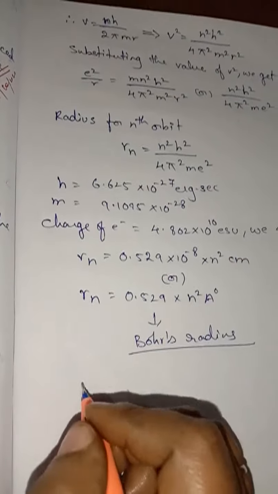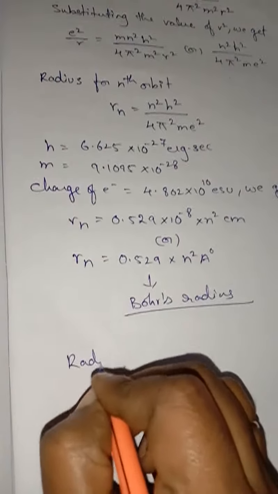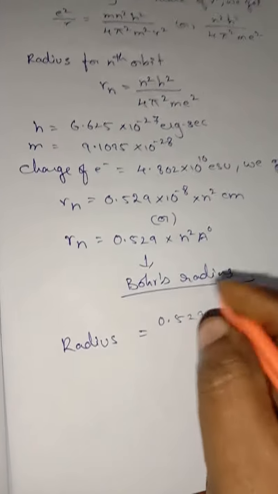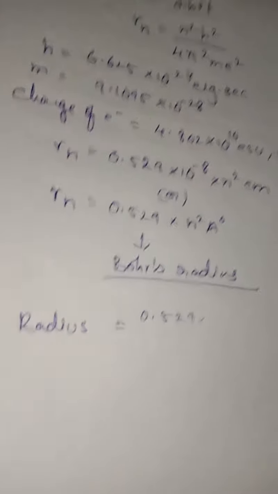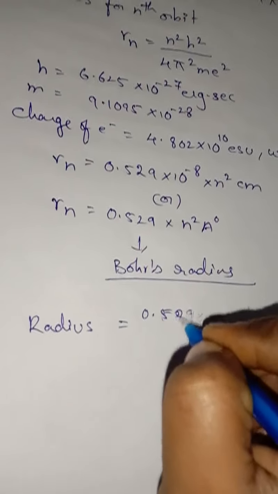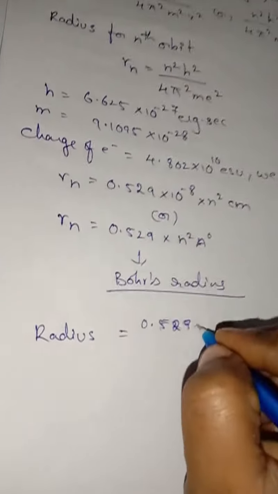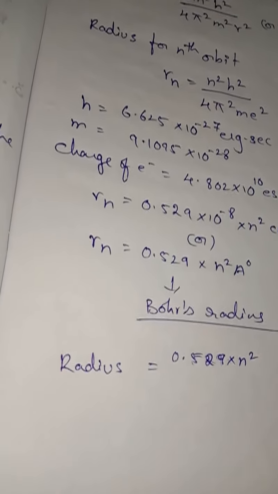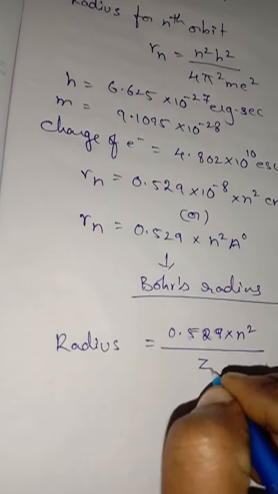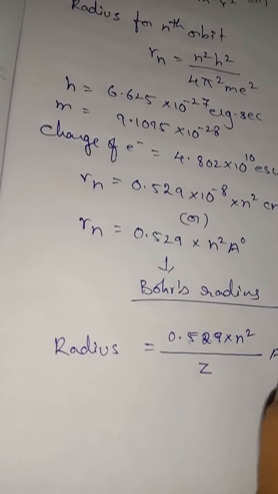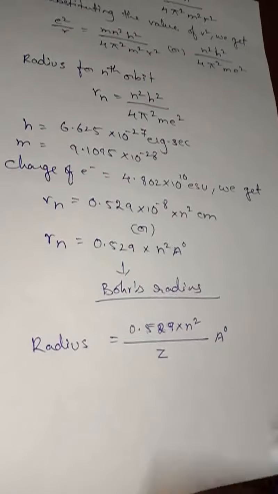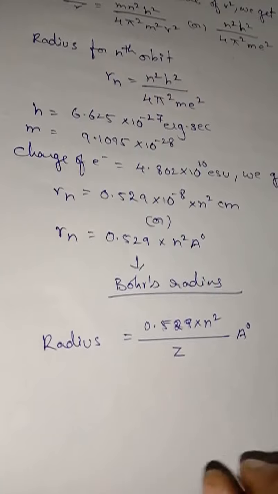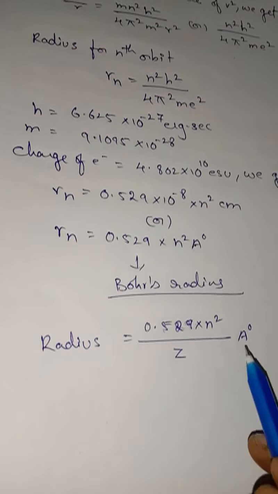If you want to find it for other atoms, the radius equals 0.529 into n square by Z angstrom, where n is the orbit number, first orbit or second orbit, and Z is the atomic number.